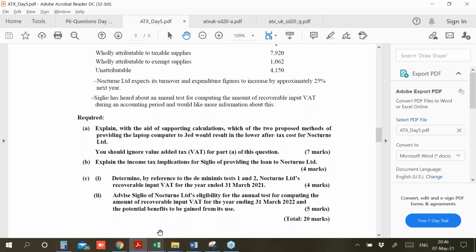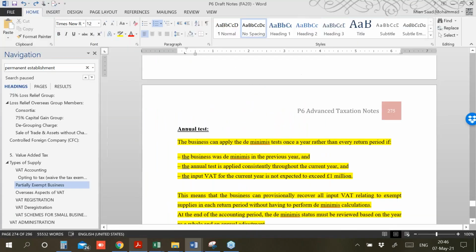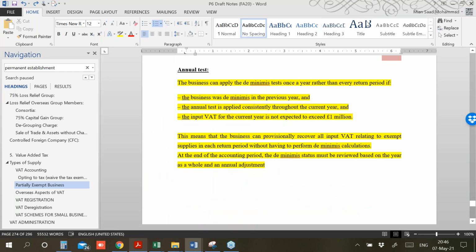But there are certain conditions to qualify for the annual test. And what are these? In my notes under the de minimis limits, I have mentioned them. The business can apply the de minimis test once a year rather than every return period if the business was de minimis in the previous year, if you have consistently applied the annual test throughout the last year, and if your total input VAT this year, meaning VAT from all sources, is less than 1 million.